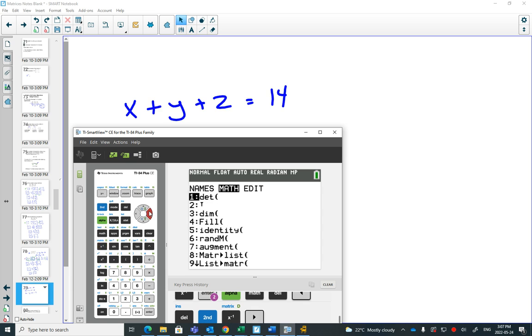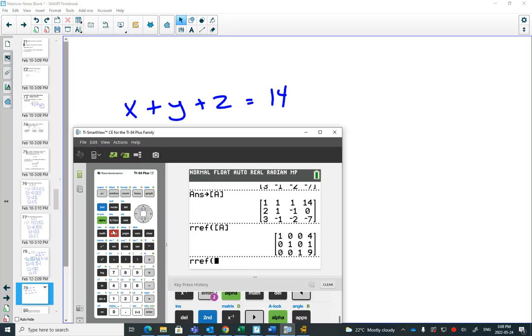Matrix over. Alpha apps here. Oh, because it's listed as letter B. If you'd remembered that.